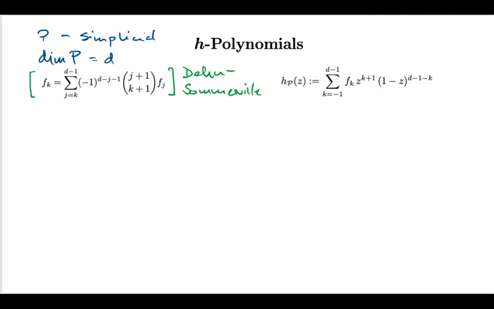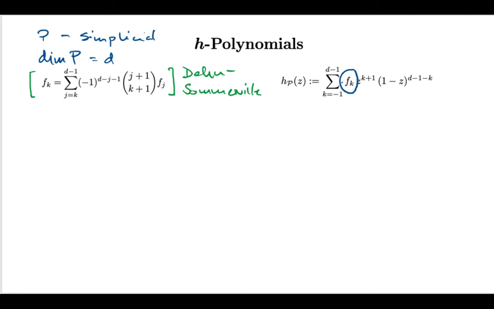What we'll do now is rewrite them in a different form, and to that extent we define the h-polynomial that you see on the right here. The face numbers are the ingredients of these polynomials. If you want, it's doing a change of basis in a space of polynomials.